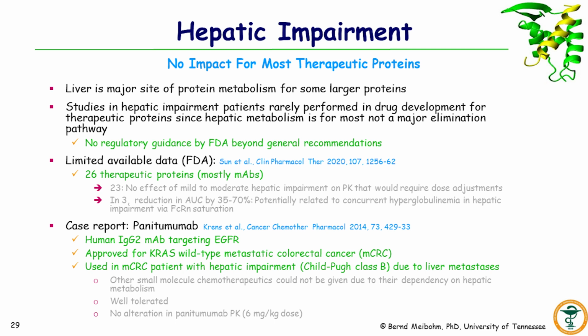While small molecule drugs in this specific scenario could not be used anymore due to this hepatic impairment, this patient was specifically moved to a therapy with panitumumab, an anti-EGFR drug, for KRAS wild-type metastatic colorectal cancer. The drug was well tolerated, and the concentration time profile observed in this case report was very comparable to what historic data showed in healthy individuals.